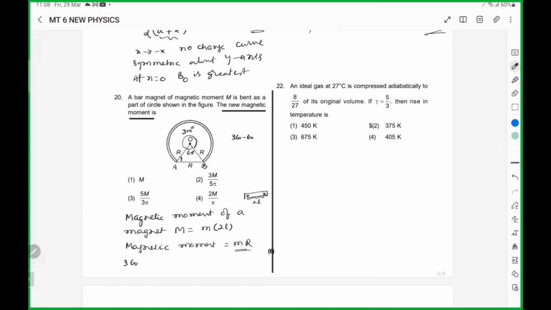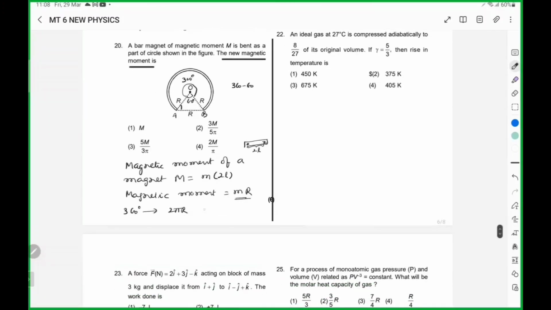For 360 degrees, length becomes 2 pi r. So for 300 degrees, it is 2 pi r by 360 into 300, that is 5/6, so the effective length here is 5 pi r by 3, which we are considering as 2L.